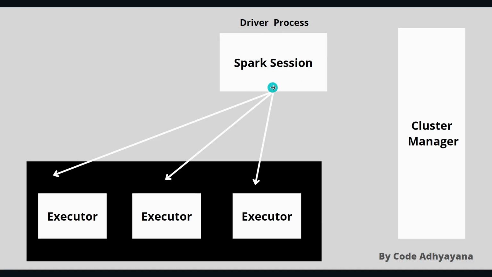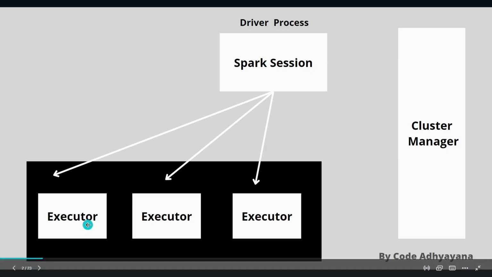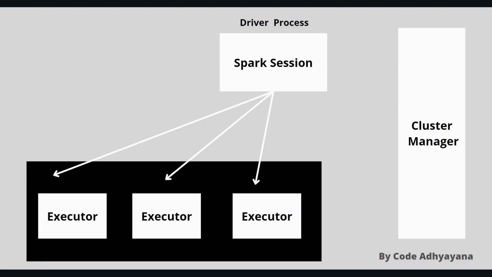Then it will share the same code with all these executors. Now the executor will actually execute those tasks and then share the result with the driver process. Now there is the cluster manager, which helps in managing physical machines and allocating resources.